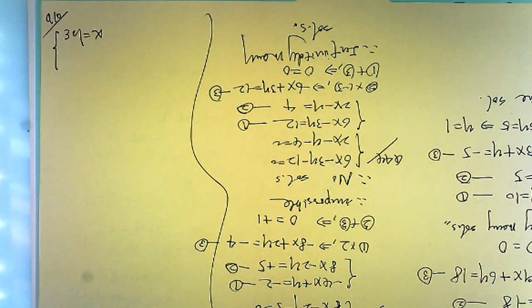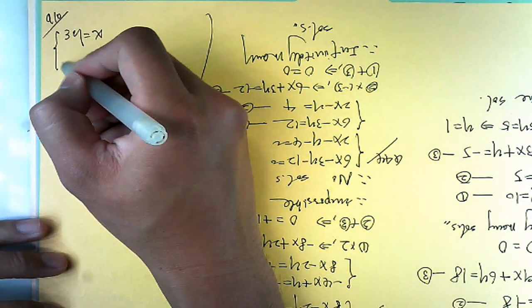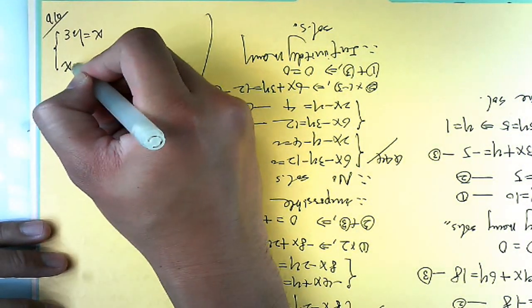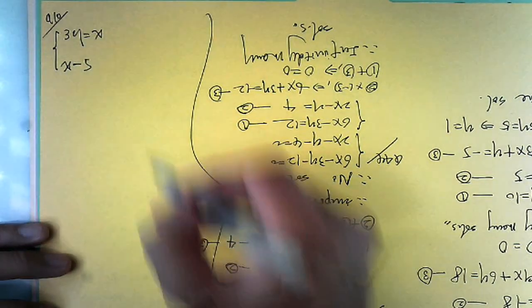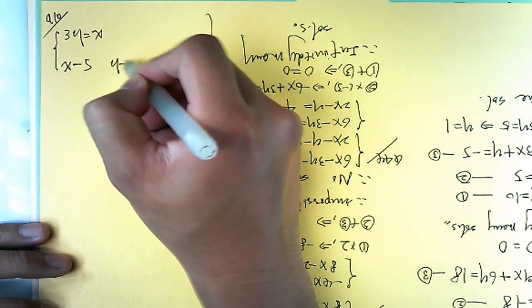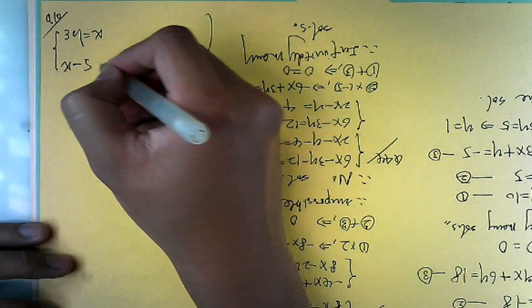And then, if Hazel gives 5 of her chocolates to Nancy, so how many chocolates does Hazel have originally? X. If she gives 5 to Nancy, then minus 5. But Nancy will have y plus 5. Understand? They will be equal.